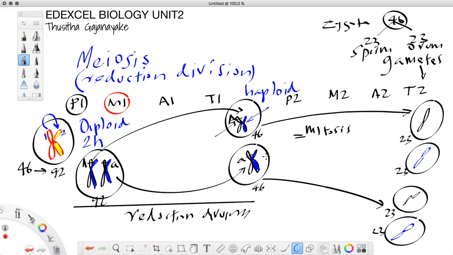If this always happened in a fixed way, there would be no variation among siblings. So how can we really see the variation? If we understand the prophase 1 and metaphase 1 events, then we can get a clearer idea about the variations.